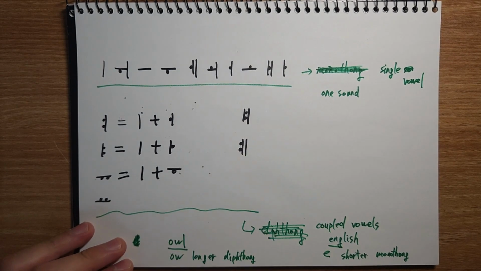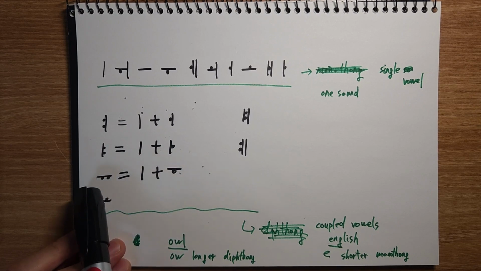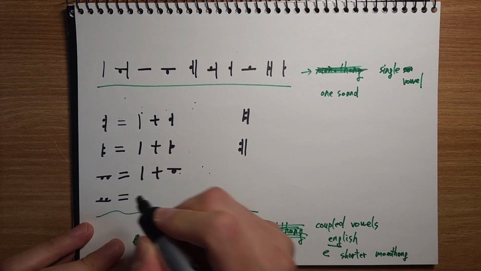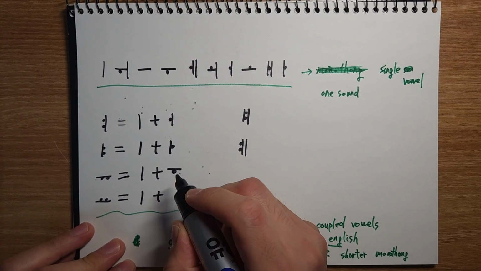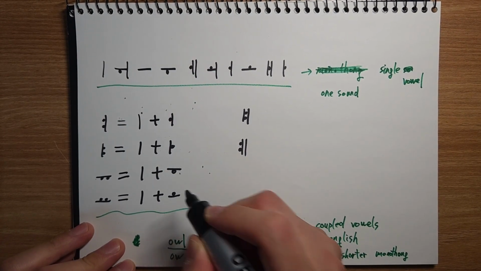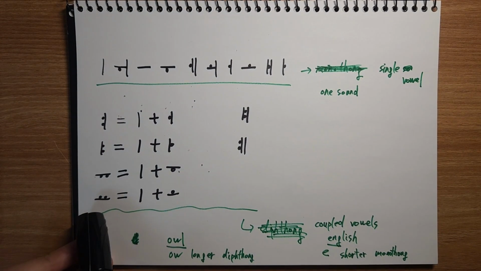E, u, you, you. And for yo, it is a combination of e and o, like e, o, yo, yo.